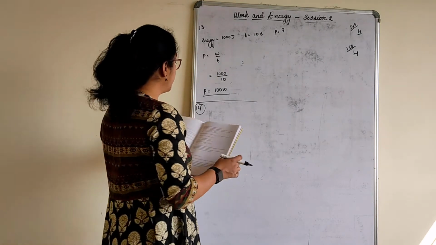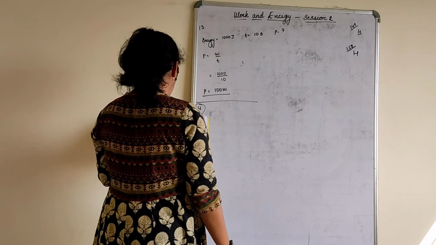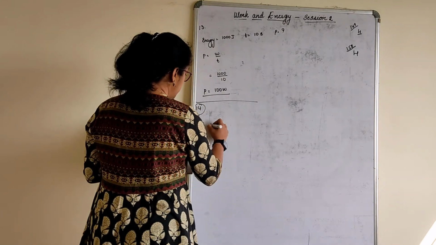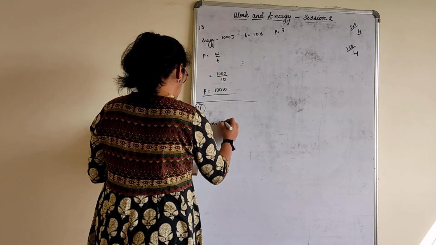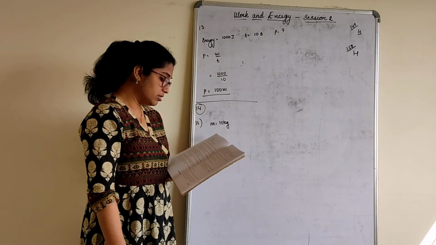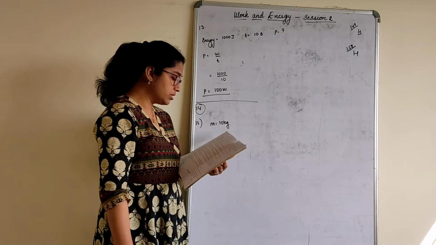Then next one, 15th one. A mass of 10 kg at point A on a table is moved to point B. So mass is 10 kg. If the line joining AB is horizontal, what is the work done on the object by the gravitational force? Explain your answer.